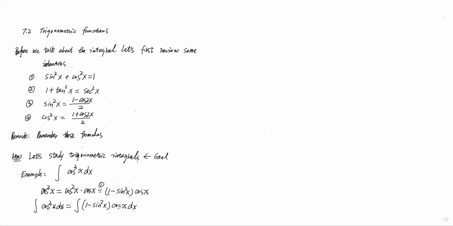So then what do we do next? Here is the cosine x, right? This is a trick. We use the u substitution. u is sine x, and then we have du is cosine x dx. That's why we choose u to be sine x, because of this term.